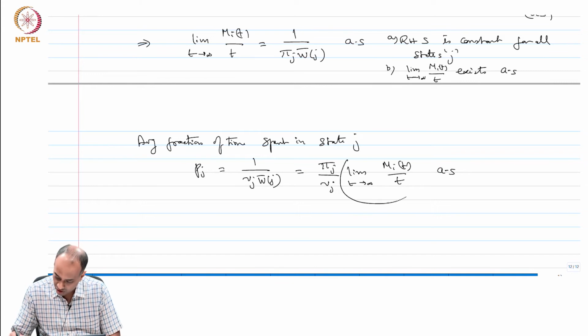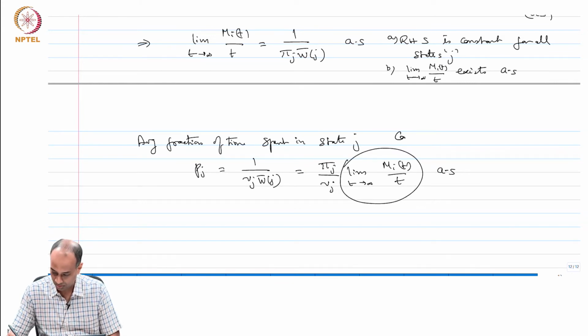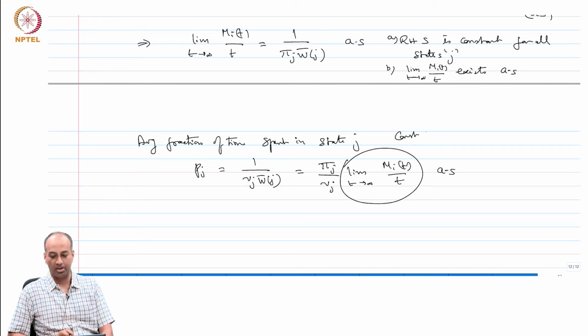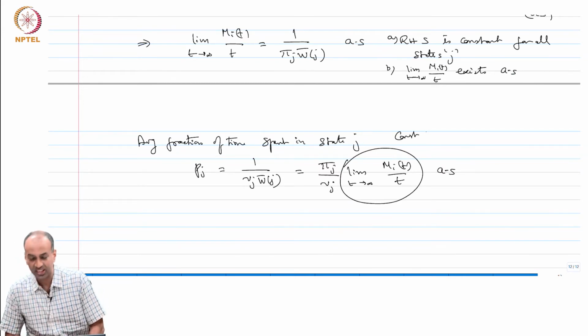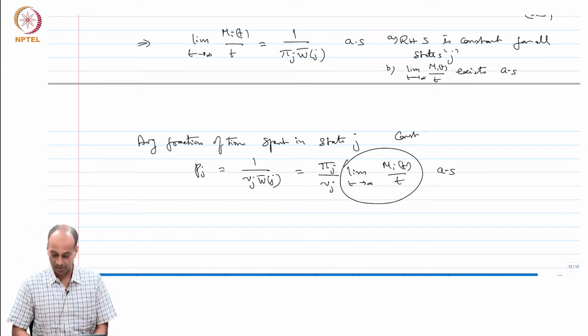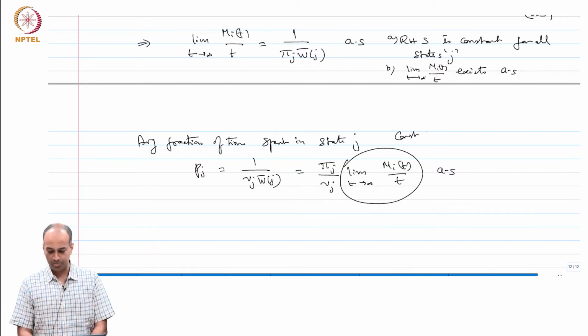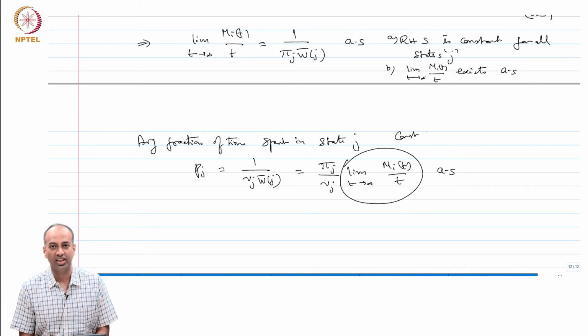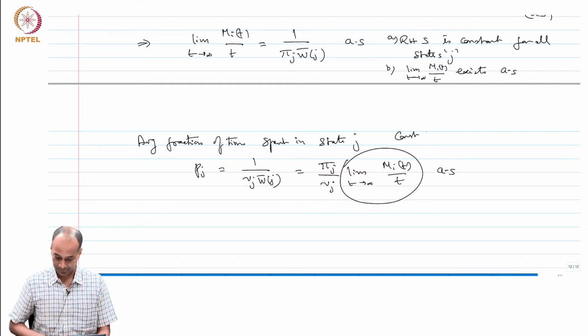This guy is just a constant, which is 1 over pi j wj bar. We know that it is constant and independent of any state j. So, what we have shown is that Pj is just proportional to pi j over nu j, and there is a multiplying constant, which is the limit of the rate at which the transitions happen.